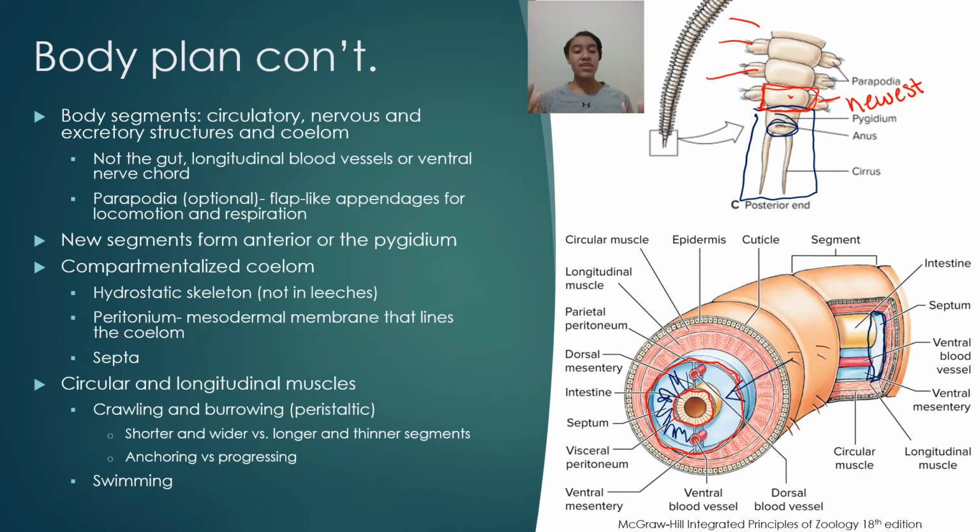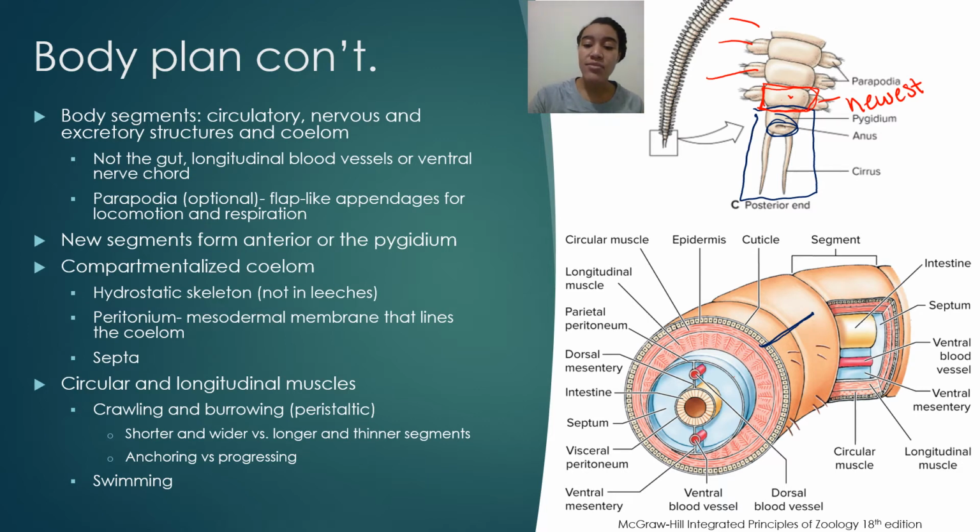So the hydrostatic skeleton also plays a role in locomotion, in combination with the muscle fibers. I talked about before that annelids have two types of muscles. They have circular and longitudinal muscles. The circular muscles can be seen in this diagram right here, and these circular muscles run the circumference of the organism, so they're all the way around the annelid.